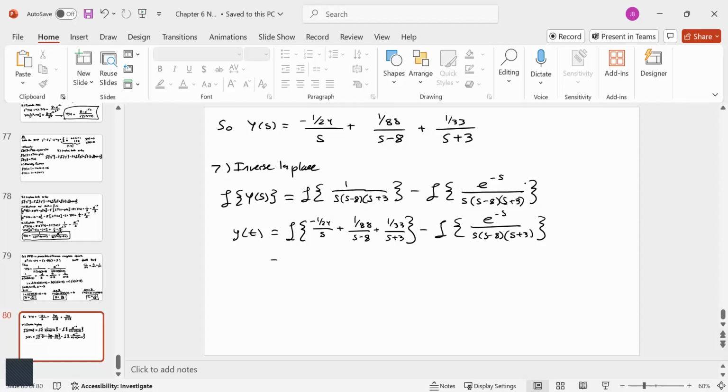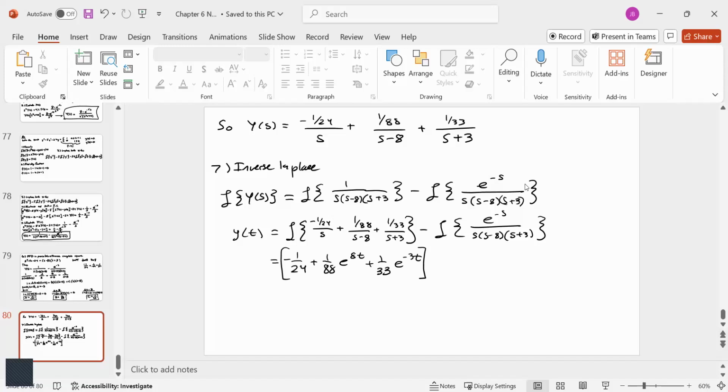And so the inverse Laplace transformation is equal to, a number over s, that's going to be -1 over 24, because it's just 1 essentially, plus 1 over 88 e to the 8t, plus 1 over 33 e to the -3t, right? Here is where it gets a little interesting.